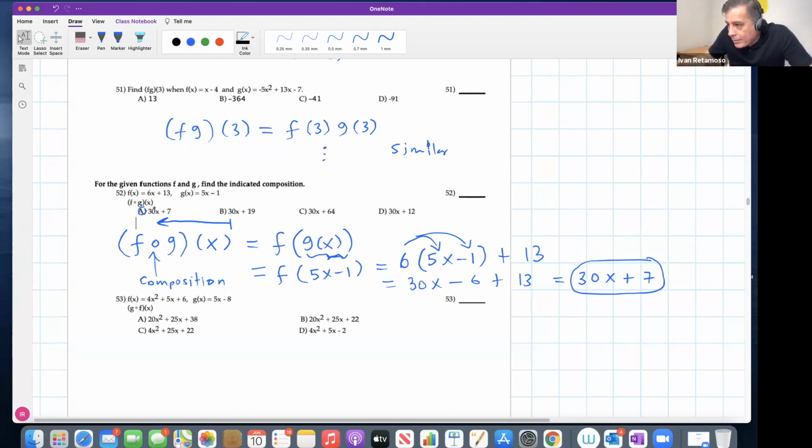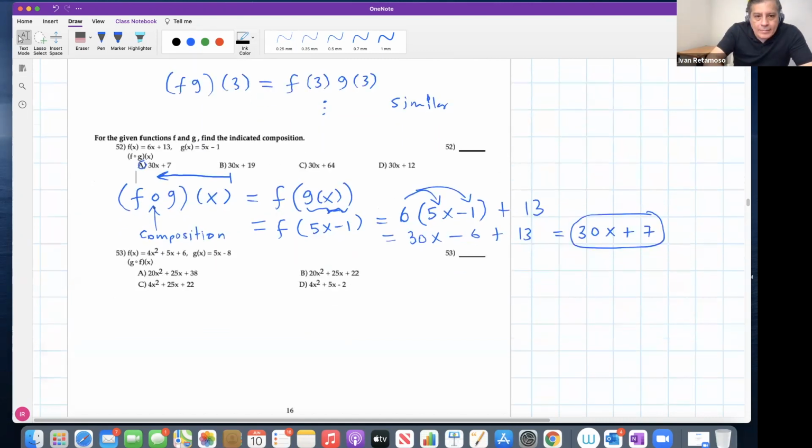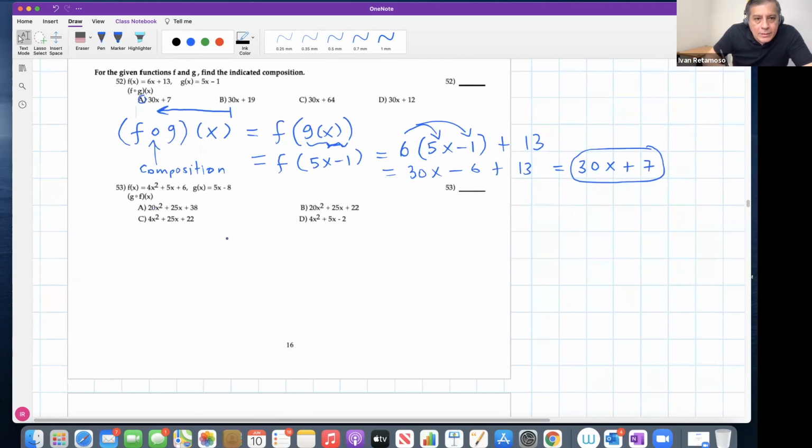Very good, guys. So yeah, here is another composition, but since we just did one, you should be okay with this, right? But since the order is different, probably we should do it just for the sake of variety. g composed with f now. What is this? Well, remember, go from right to left.